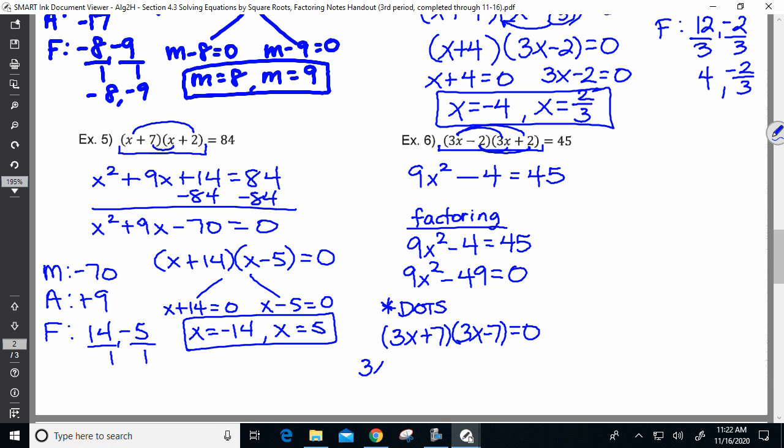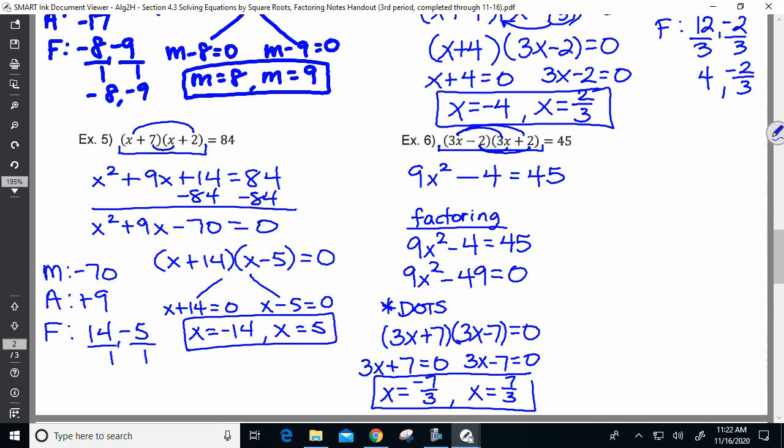So you can separate your 2 problems. So x equals negative 7 over 3. x equals positive 7 over 3. So that's your solving if you're going about factoring.